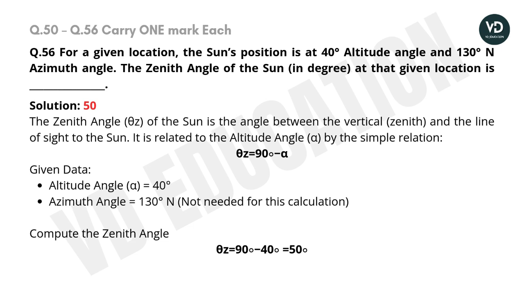The given data is altitude angle 40 degrees and azimuth angle 130 degrees, which is not needed for this calculation. So, zenith angle is 90 degrees minus 40 degrees, so the answer will be 50 degrees. This is a 1 mark question. This is a very simple question and this is a new type of question in GATE Architecture.